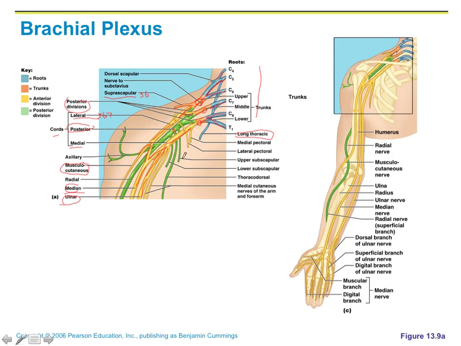The posterior cord then sends three nerve branches: the upper subscapular nerve, the thoracodorsal nerve, and the lower subscapular nerve. These are the three nerves.